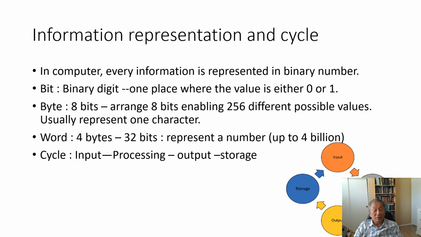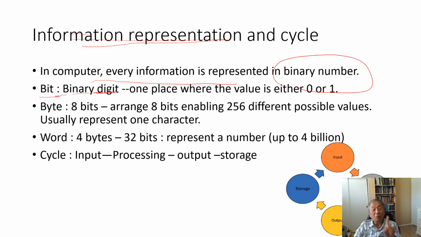I don't know how much I can cover, but the information presentation is something I had in the first lesson, but I didn't get a chance to explain it. In a computer, every piece of information is a binary number, either 0 or 1, and a bit is a binary digit.